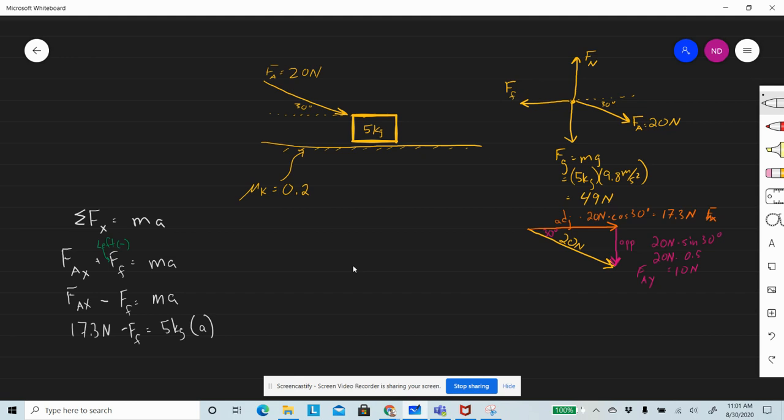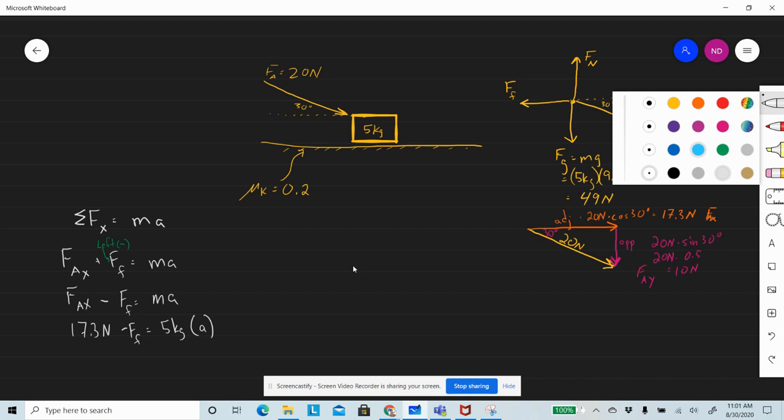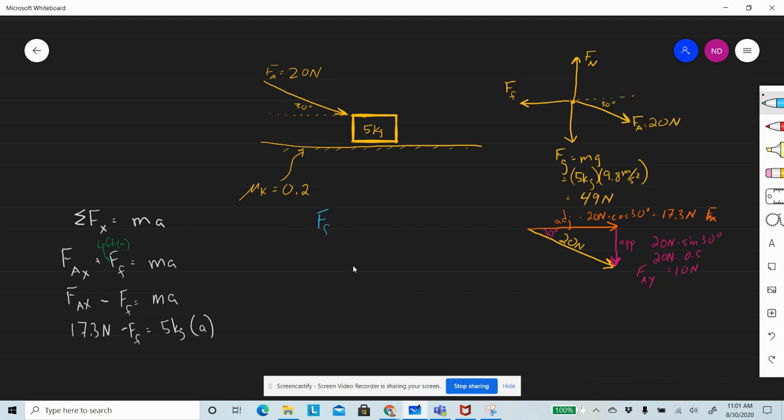Well, we need to figure out the force of friction. There's an equation to calculate it: the force of friction is equal to mu times the normal force.